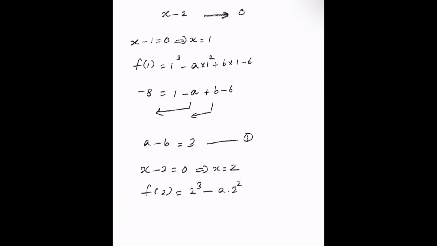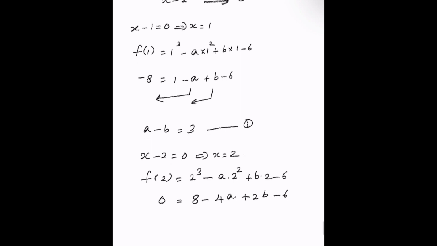Next one is x minus 2. x minus 2 equal to 0 implies x is equal to 2. We know that remainder is 0. So I'll write f of 2 equals 2 cube minus a into 2 square plus b into 2 minus 6. f of 2 is 0, equate it with 0. 8 minus 4a plus 2b minus 6.